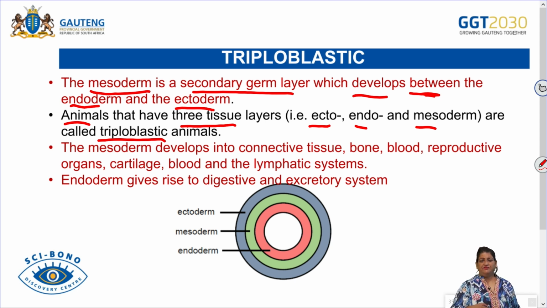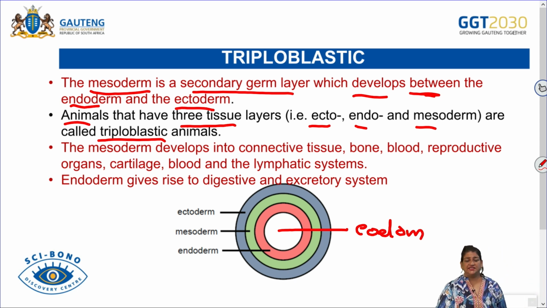So what they have inside of them is your ectoderm, your mesoderm, and your endoderm on the inside. From the endoderm on the inside, there's a hollow cavity filled with fluid. This hollow cavity here is called a coelom, and that acts as a hydrostatic skeleton.